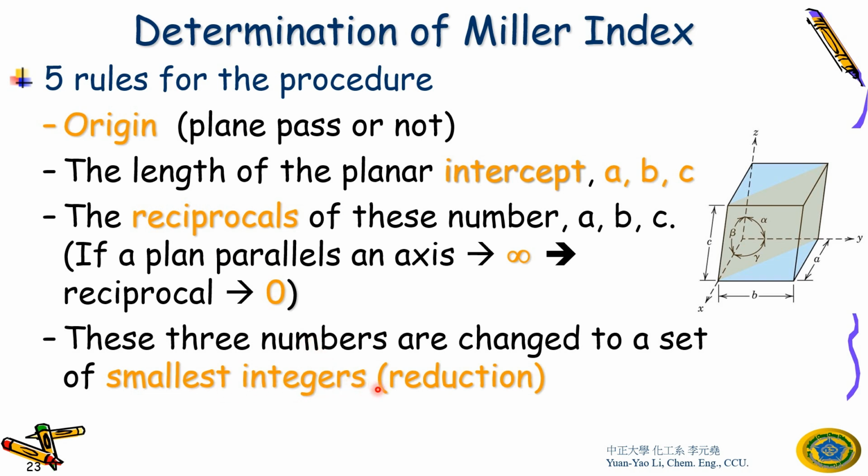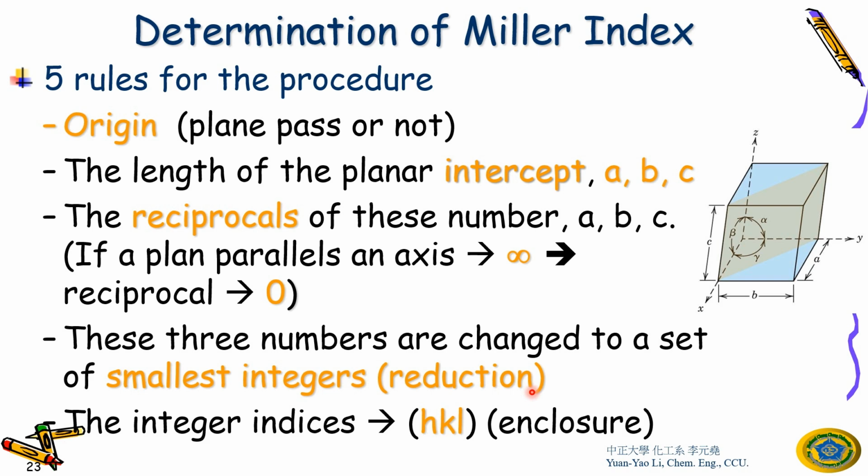You can do multiplying or reduction, normally reduction. Then you use parentheses to enclose the 3 numbers H, K, L, and this is what we call the Miller index. Parentheses H, K, L parentheses is called the Miller index.